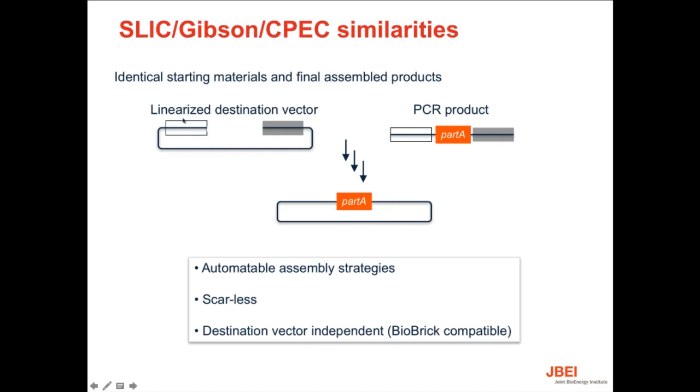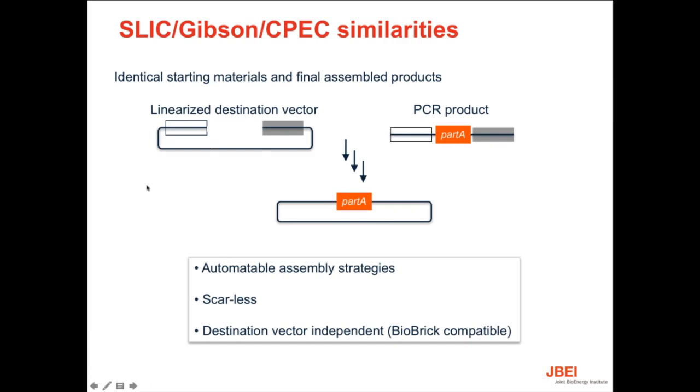There might be some slight differences in how long the overlap sequences are. So maybe with a method like SLIC or Takara Clontech In-Fusion, they're going to be a little bit shorter. Maybe Gibson might be an intermediate length, and then for yeast TAR cloning, you might have even hundreds of base pairs of homology. So it depends on the method.